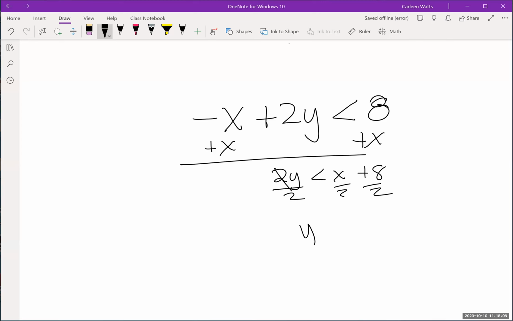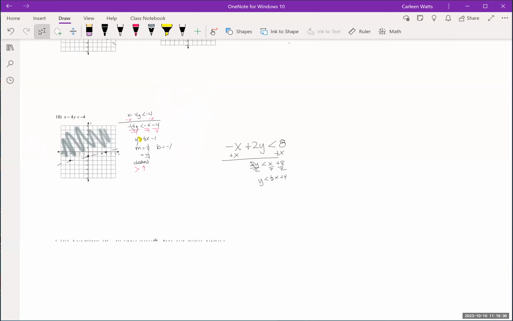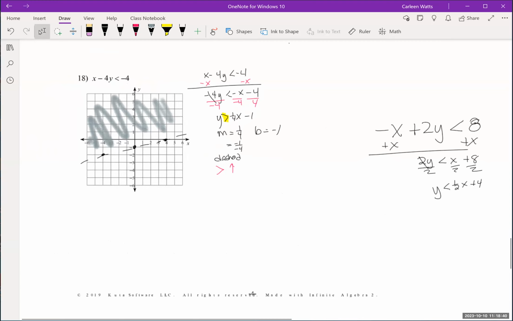No. No, don't change the sign. If the coefficient of the Y term is negative, you will be dividing by a negative and you will end up flipping the sign. Yeah? Okay. It does. And we just learned this last week. It wasn't like we learned it week 1 and we've been practicing it.